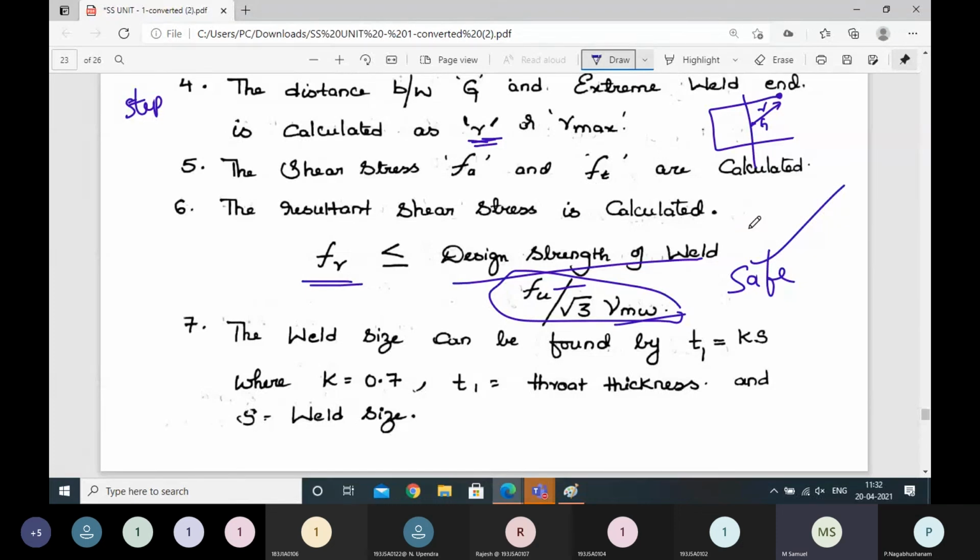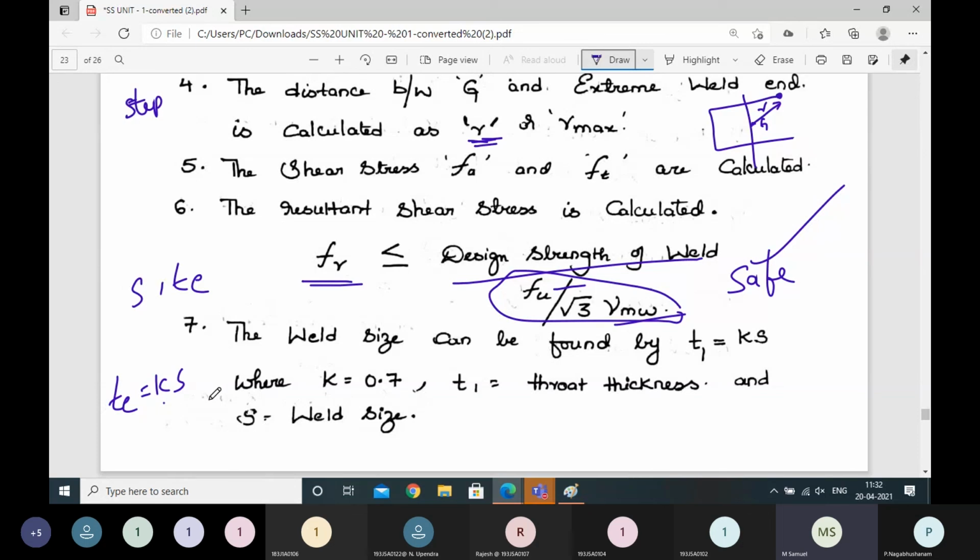Now you need to find out what should be the size of the weld. You know the relation between the size of the weld and throat thickness. Throat thickness is given by K times S, where K is the factor dependent on the angle between the sides of weld and S is the size of the weld.